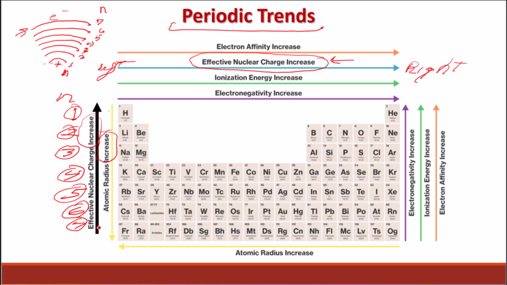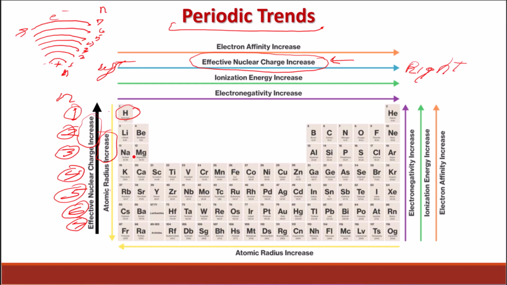And so what we say is the effective nuclear charge increases going from bottom to top, because the valence electrons are getting closer to that positively charged nucleus. All right, so go down the periodic table, atomic radius increases. Go from the bottom to the top, the effective nuclear charge increases because the electrons get closer to the nucleus.